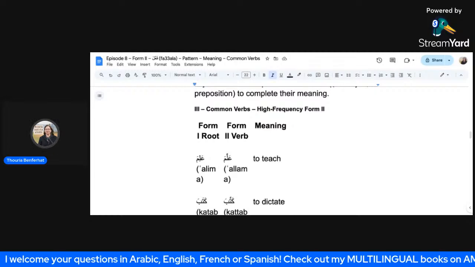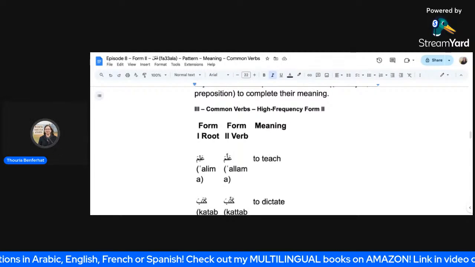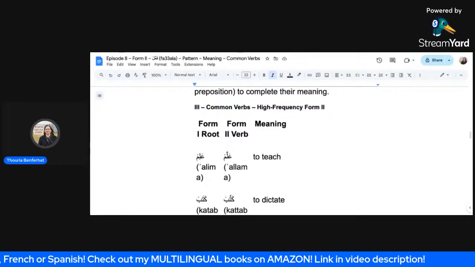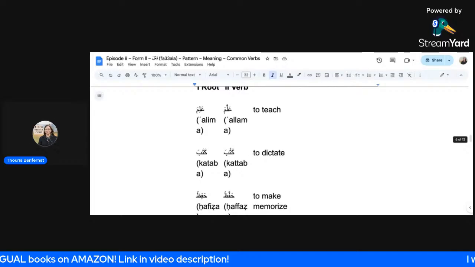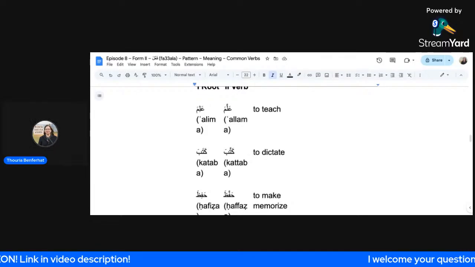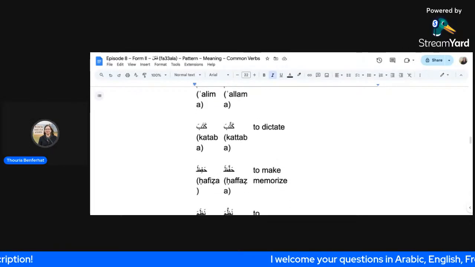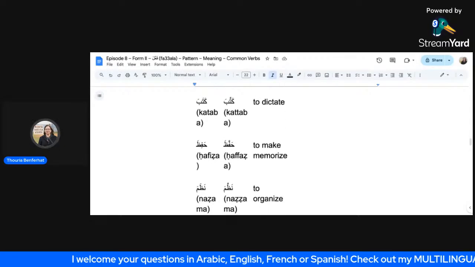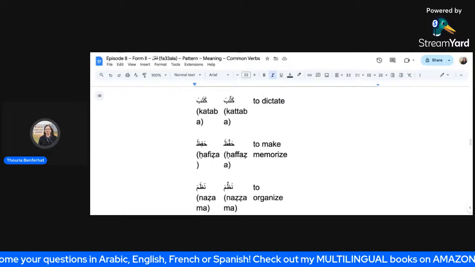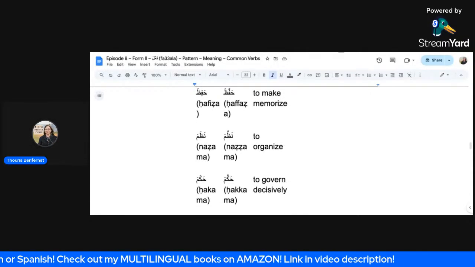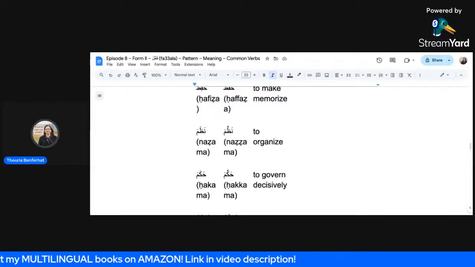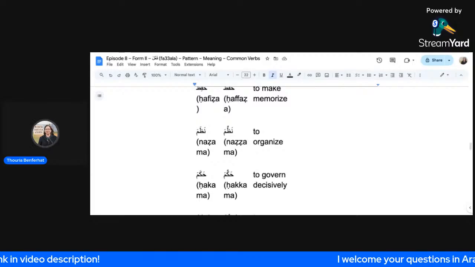Okay, so let's first look at some high-frequency Form 2 verbs, and then we will see them in some sentences. So, alima is to know, allama is to teach, kataba is to write, kattaba is to dictate, hafiza is to memorize, haffaza is to make someone memorize or help someone memorize. Nazama is to arrange, and nazzama is to organize.